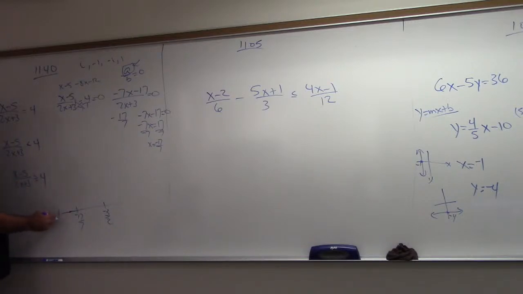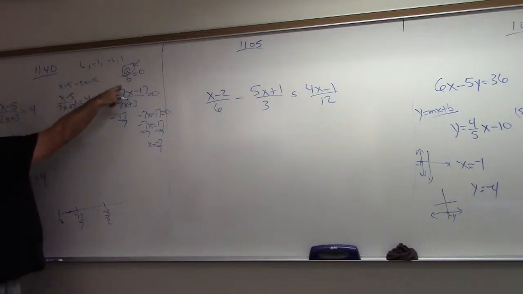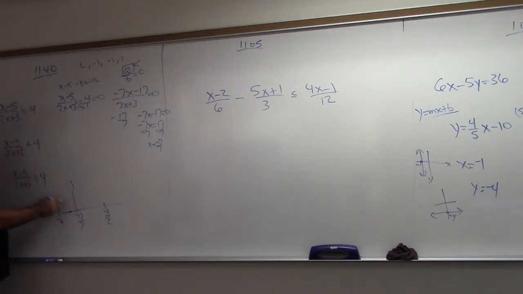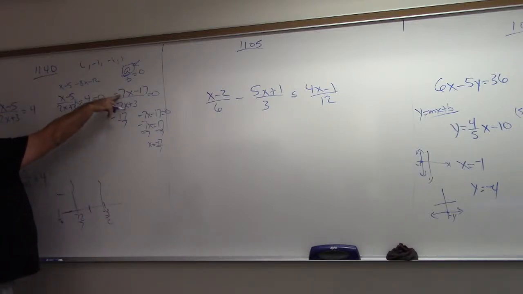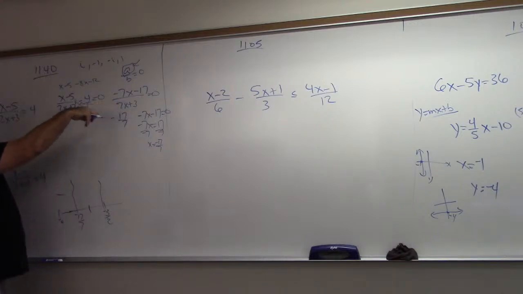Plug in a number like negative 10. This is positive 70, that's a positive number, and this is a negative number. On that side, we're at a negative value. In between here and here, call it negative 2.